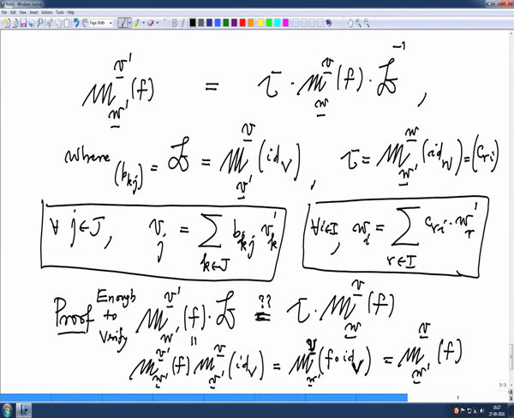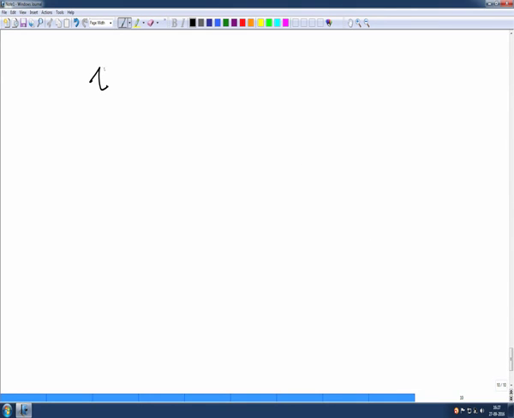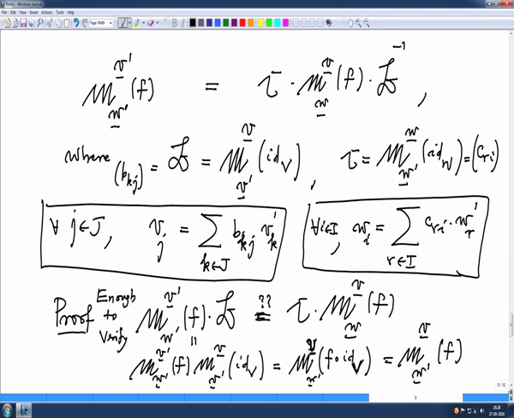What is the other side? This is one side, but what is the other side? Let us write that side also. That is C times M_{V W} F. But C is the matrix of the identity map with respect to W and W prime.